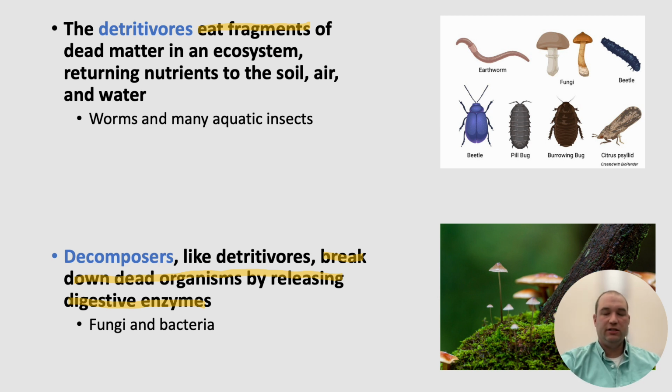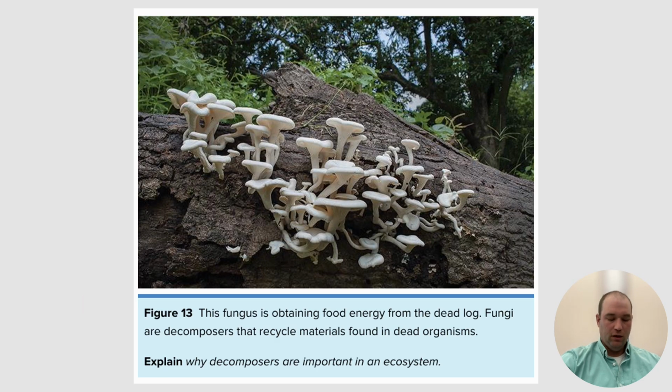When a fungus is eating, it releases enzymes into whatever it is growing on, and that is how it breaks it down. It then re-ingests the digestive enzyme juice that is created from breaking that substance down. So here's a picture of a fungus on a log, right? This fungus is obtaining food energy from the dead log, and the fungi are decomposers that recycle materials found in the dead organism.